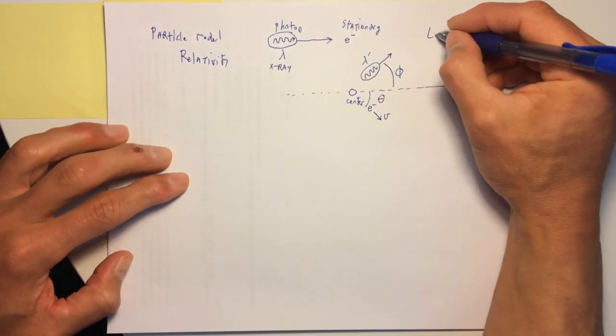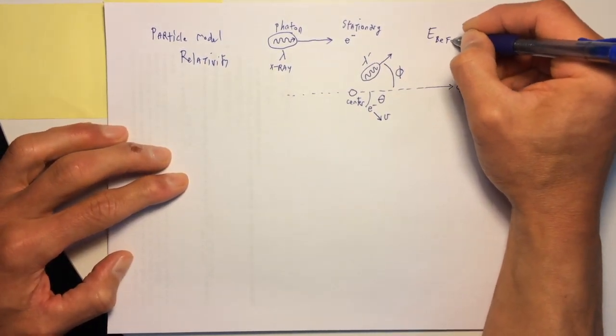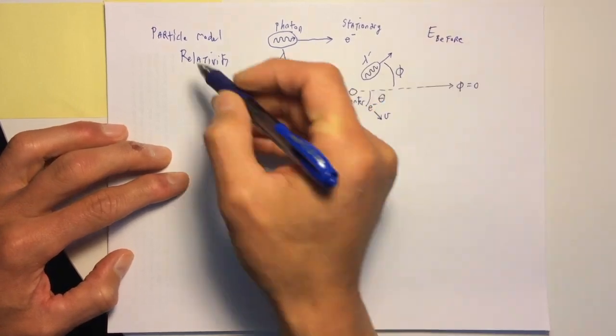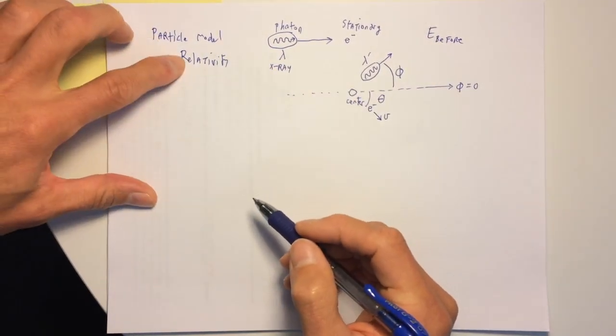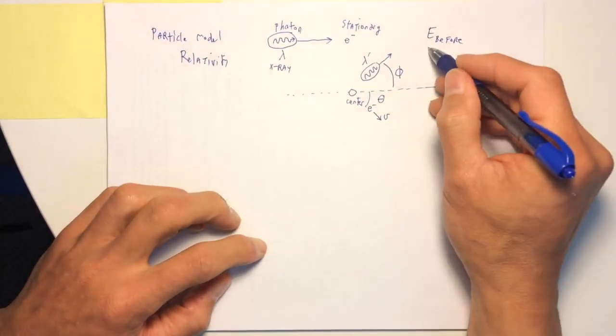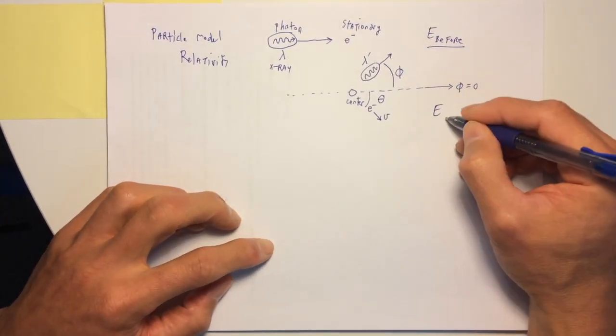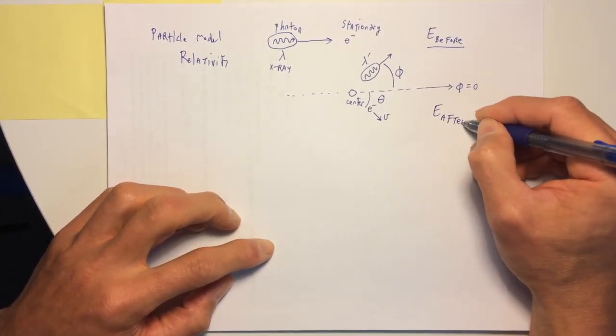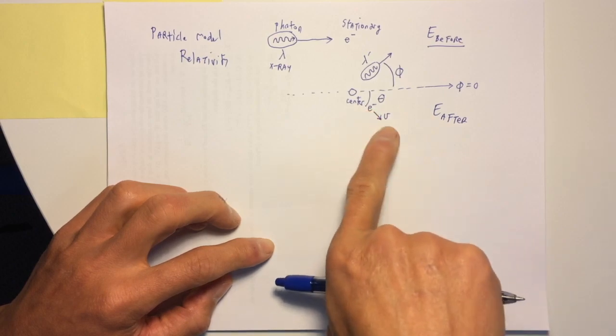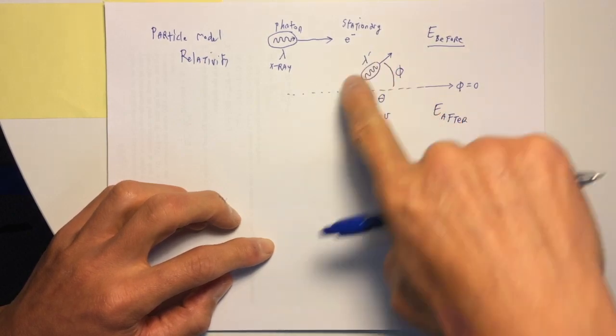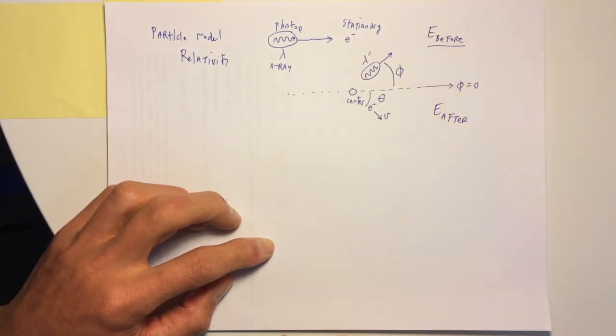So this is the energy before the collision, right? So now we're going to do relativistic particle physics. So the energy before the collision, and the energy after the collision is, here's an electron moving, and here's a different energy photon, and you've got angles.